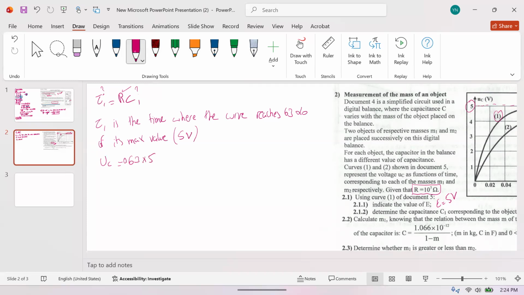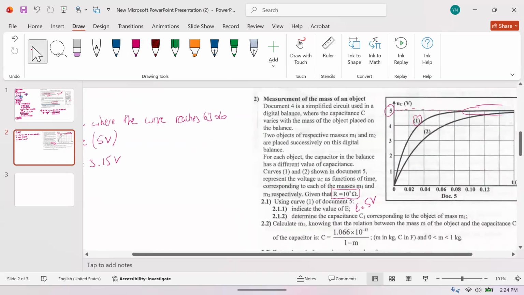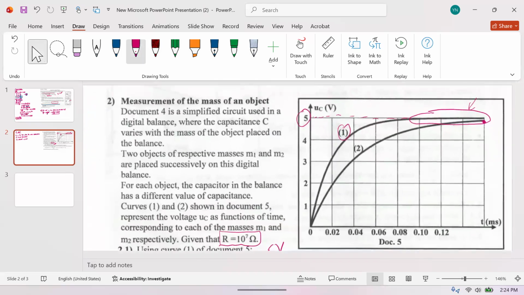Let me use my calculator: 0.63 times 5 is 3.15 volts. And I go to the graph and I can clearly see 3.15. It's somewhere above 3 here. So the time tau 1 should be 0.02 milliseconds.